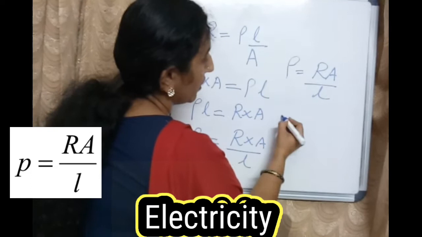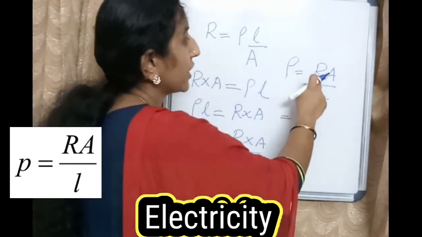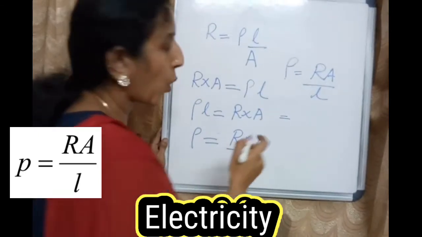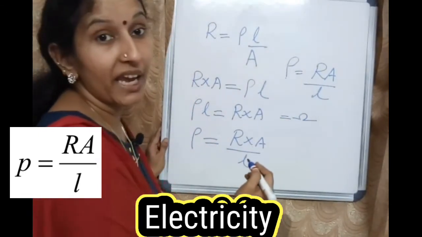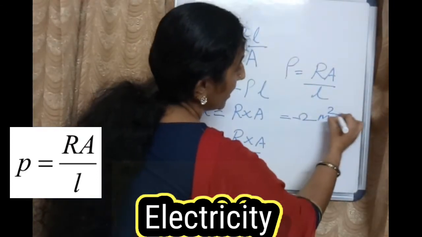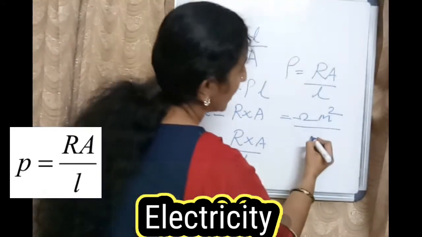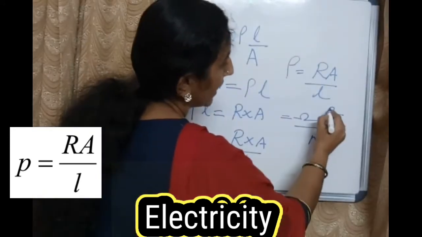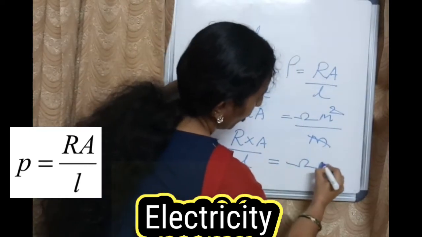The next step, we can substitute the units. What is the SI unit of resistance? Ohm. And what about area? The SI unit of area is meter square. And what about L? Meter. Then cancel, so you get ohm meter.